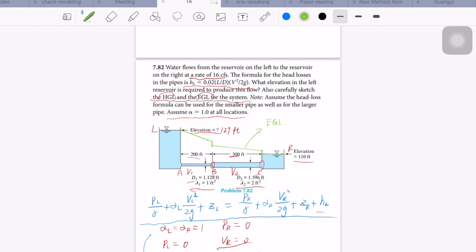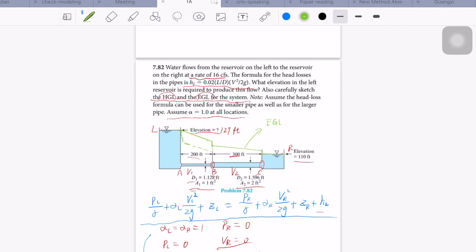And then I will sketch the HGL. So the HGL is a dashed line. At point B, there is an abrupt expansion, so the HGL will go upward a little.